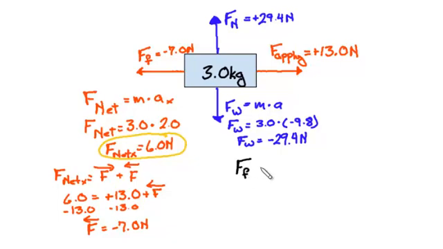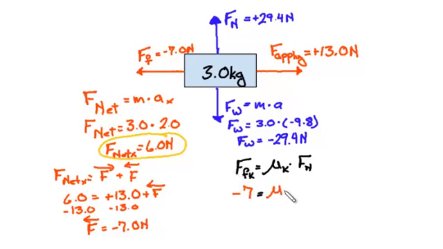Force of friction equals mu kinetic times force normal. Because it's moving, I know that it's friction kinetic and mu kinetic as well. So the force of friction kinetic is negative 7, and that equals mu kinetic.